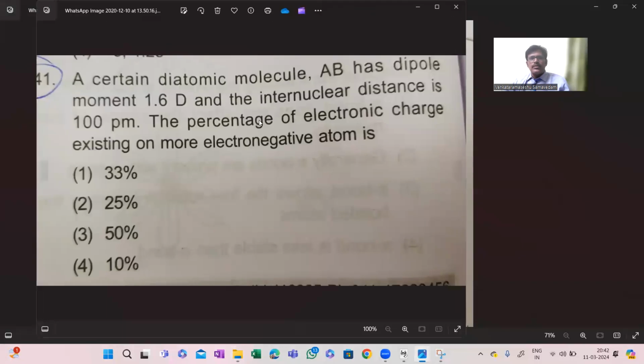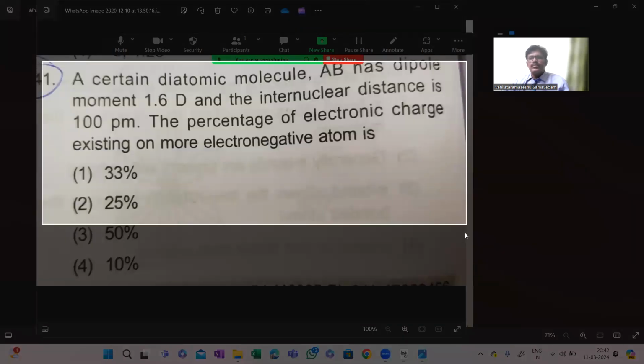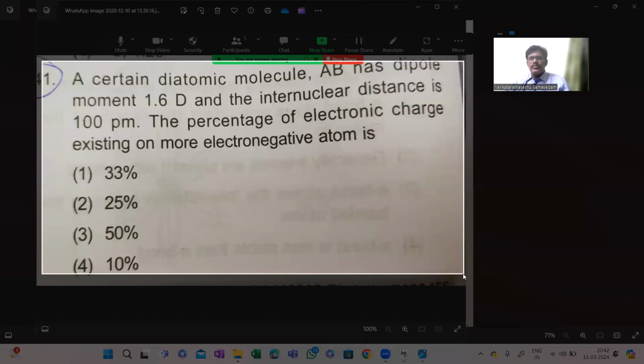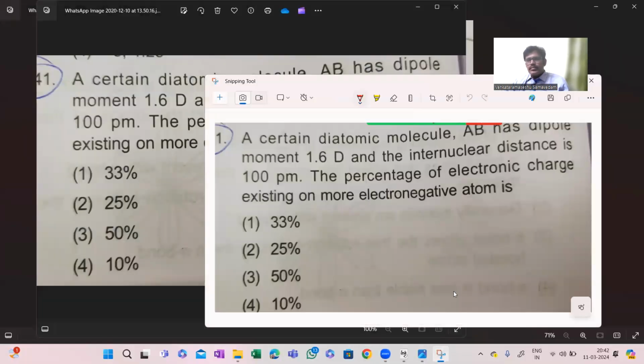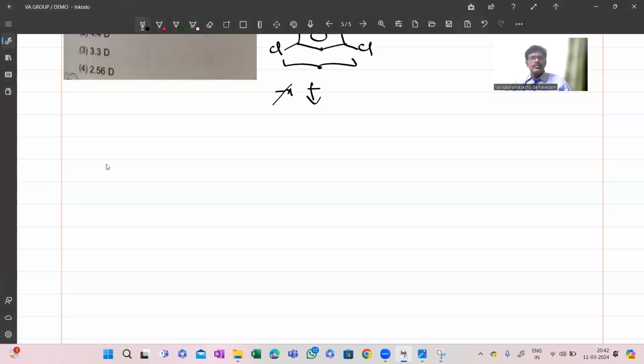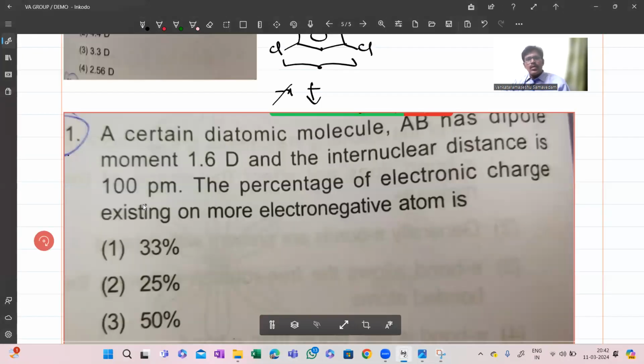I will take this question. It is completely based on percentage of ionic character.